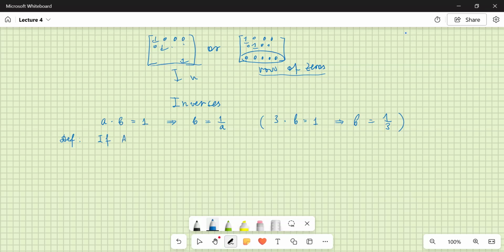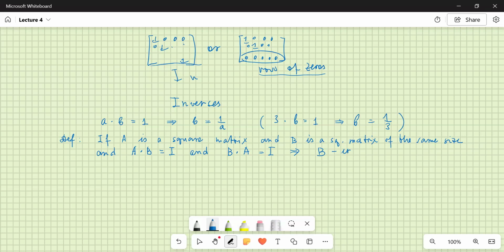If matrix A is a square matrix, and B is a square matrix of the same size, and A multiplied by B equals identity, and B multiplied by A equals identity, then we are going to call matrix B the inverse of matrix A, and we are going to label it as A inverse. A to the negative 1 actually means A inverse.